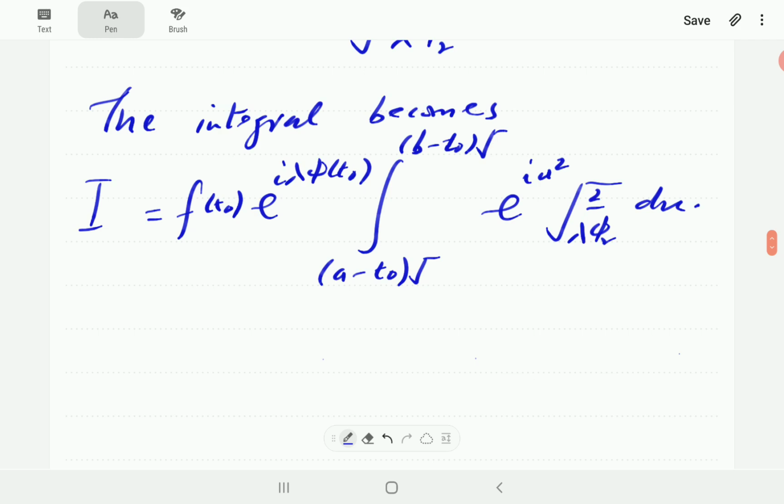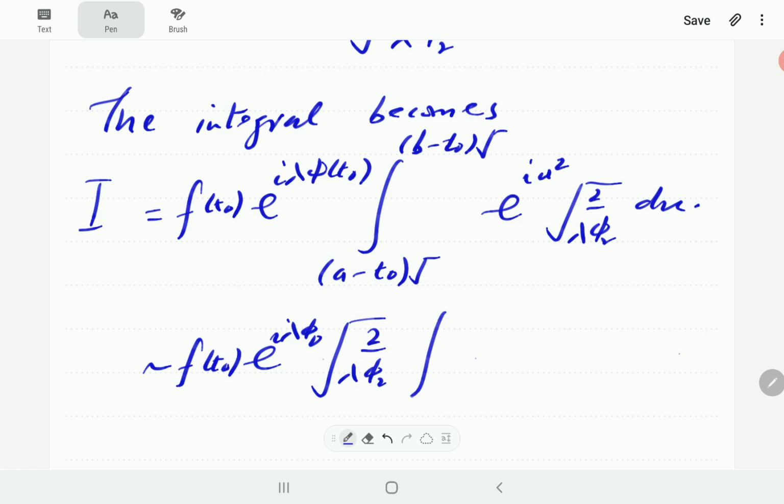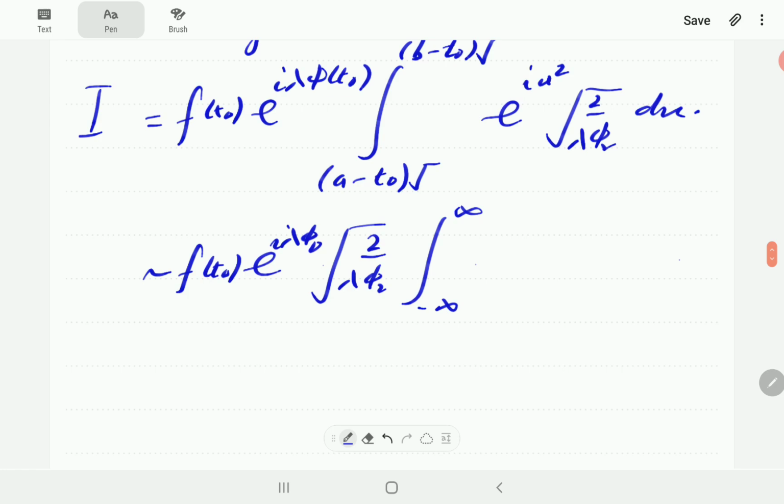And then since the major contribution to this integral is going to be from the neighborhood of the stationary point, we can actually adjust the integration limits to minus infinity to infinity, e to the i u squared du.